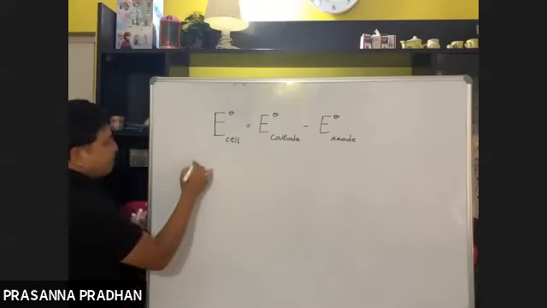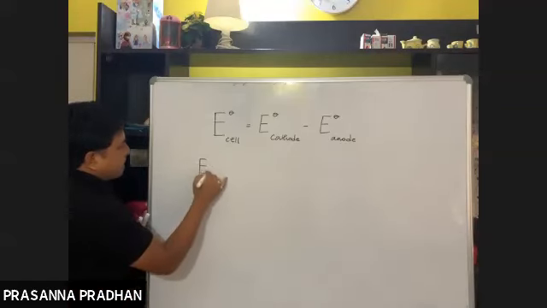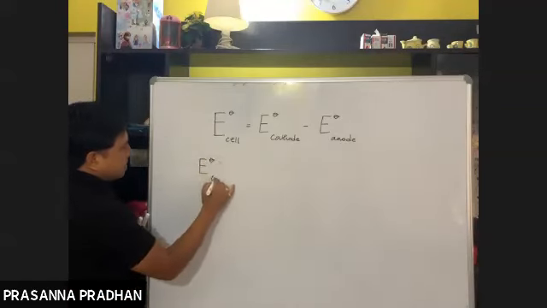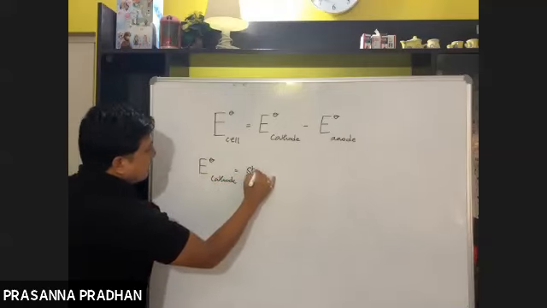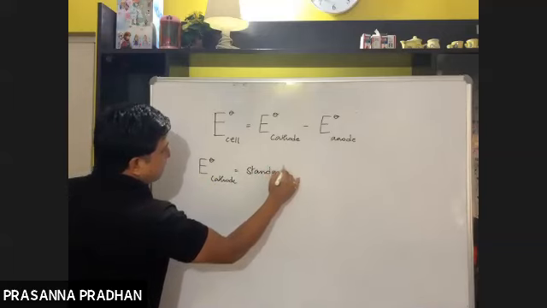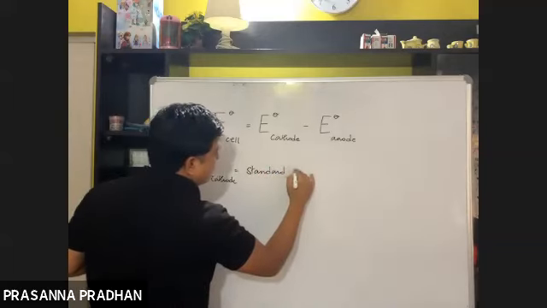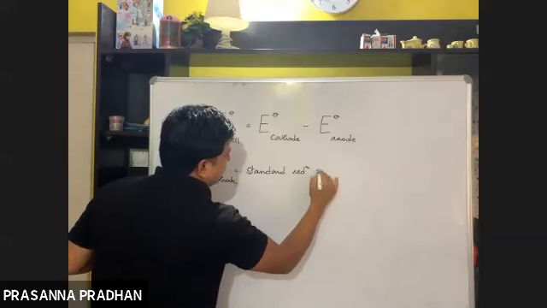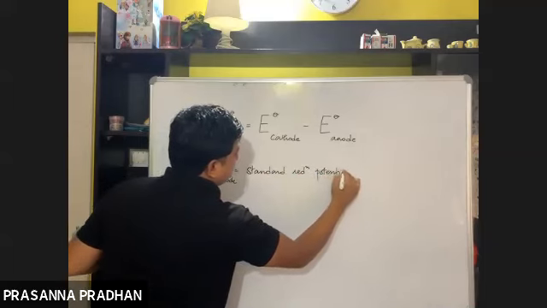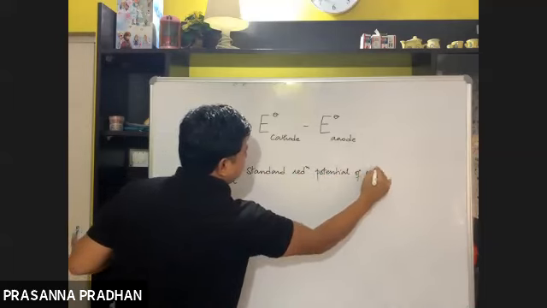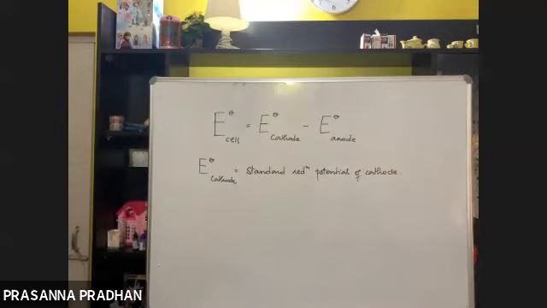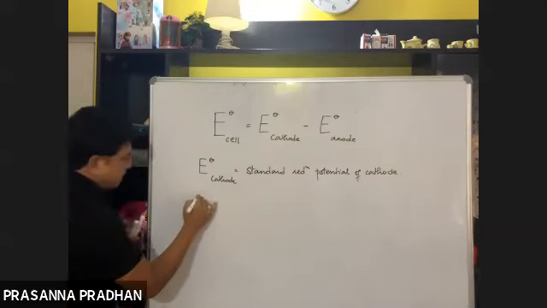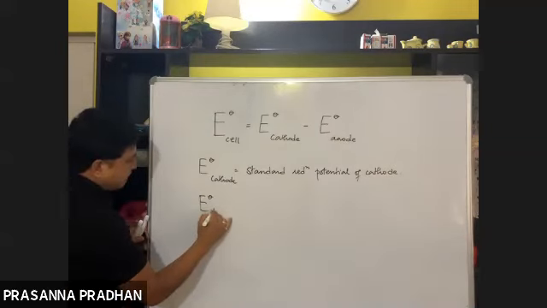And just now I told you all the formulas will be expressed in terms of reduction potential. So what is E naught cathode? This is the standard reduction potential of cathode. And what is E naught anode then?